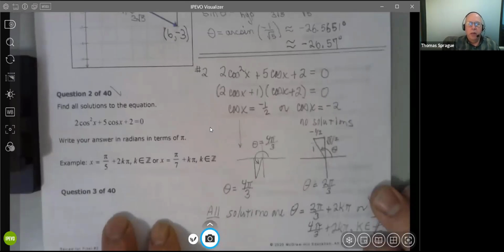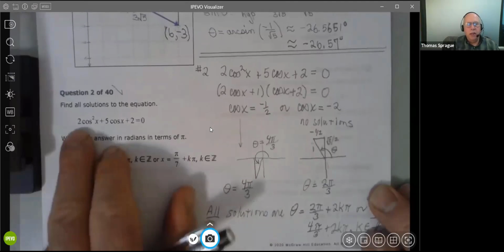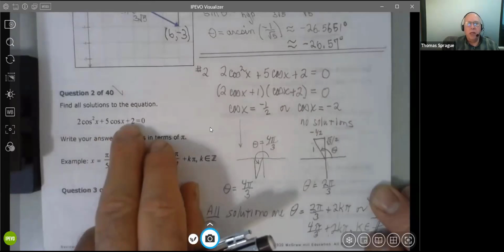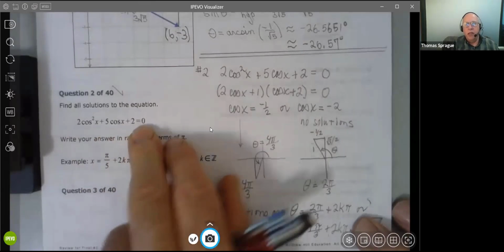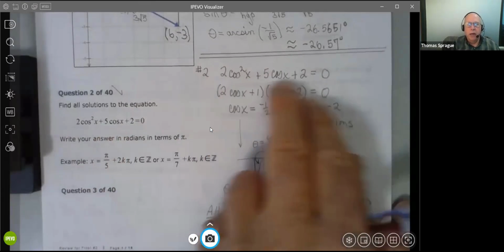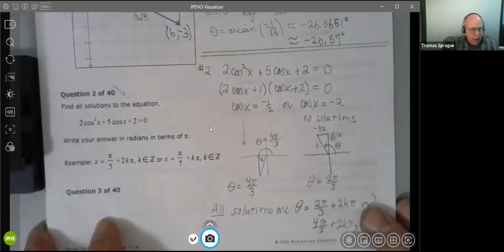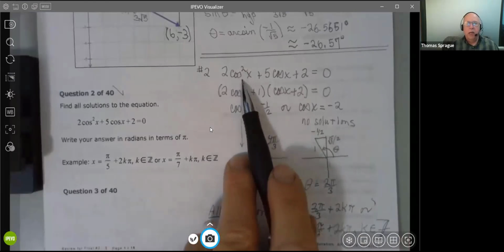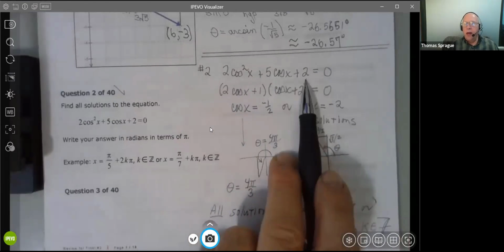Number 2 is to solve this equation: 2 cosine squared x plus 5 cosine x plus 2 equals 0. I've just copied it over up here. This is quadratic in cosine of x, so what I'm going to do is attempt to factor it.